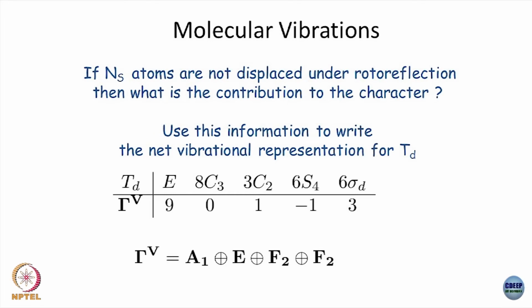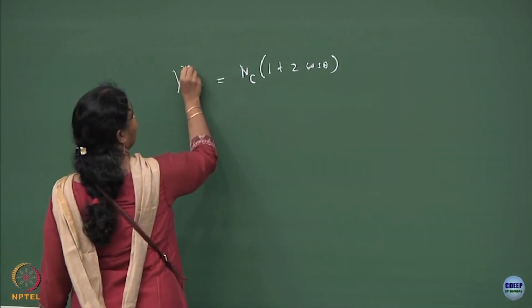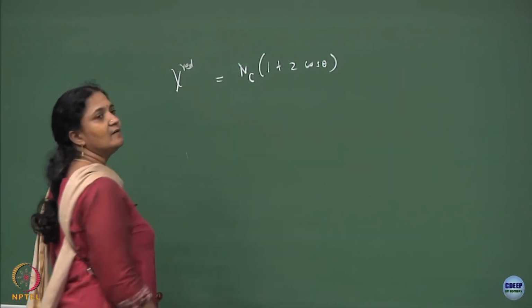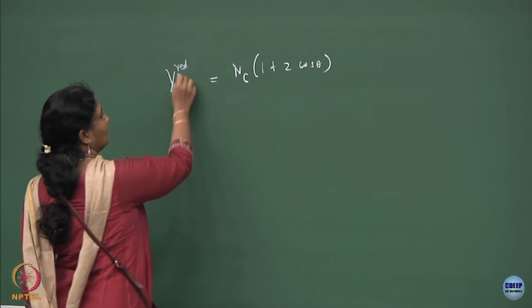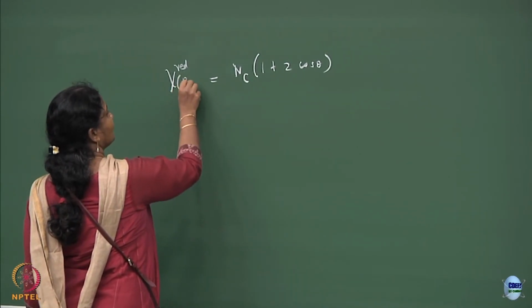There you could also do one more thing. The way I wrote here, NC atoms with 1 plus 2 cos theta is the character for a reducible representation for a specific rotation which you are doing.